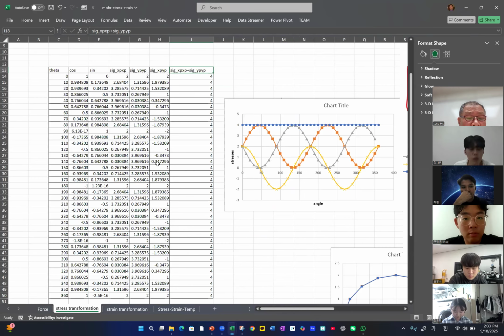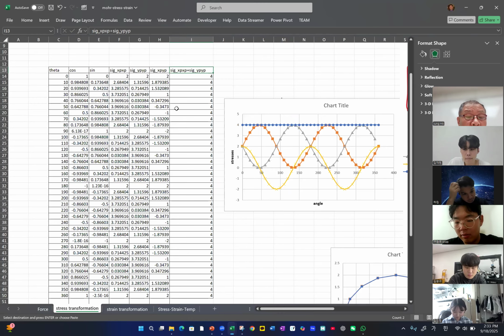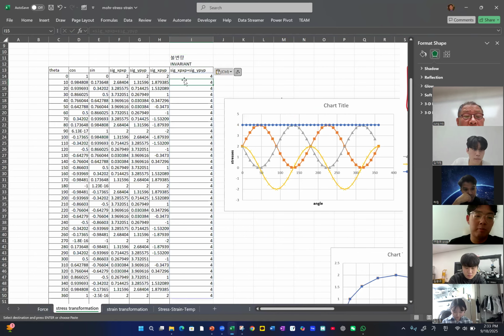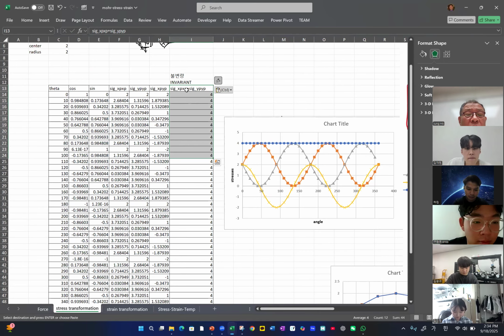Now, for the stress transformation, exactly the same concept applies. The summation of sigma x prime and sigma y prime does not change, so we will call it an invariant.